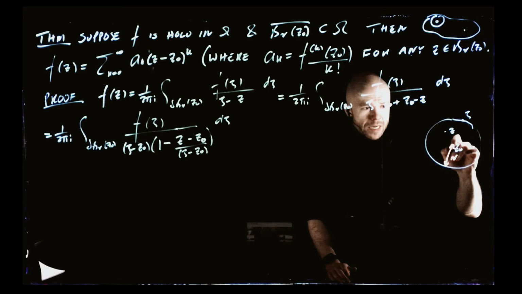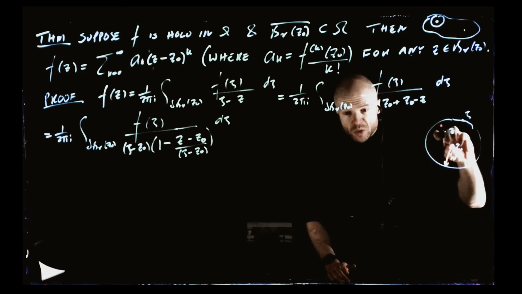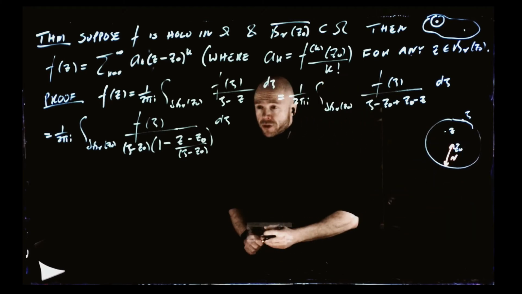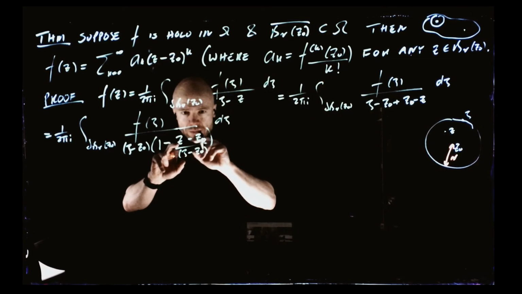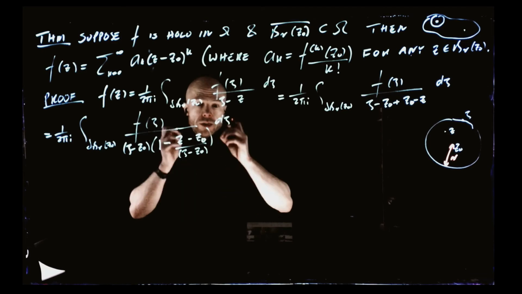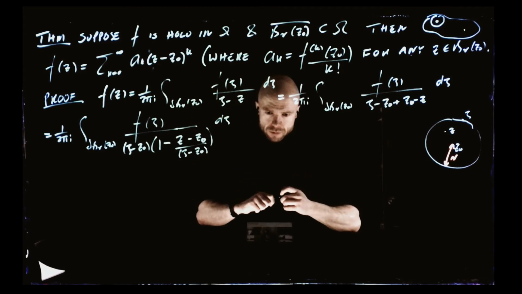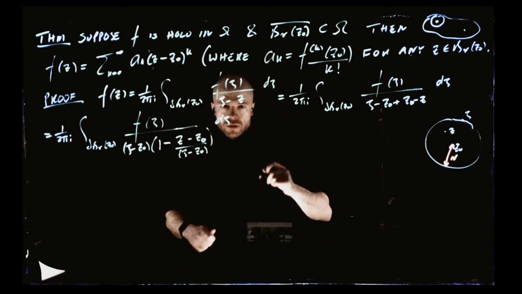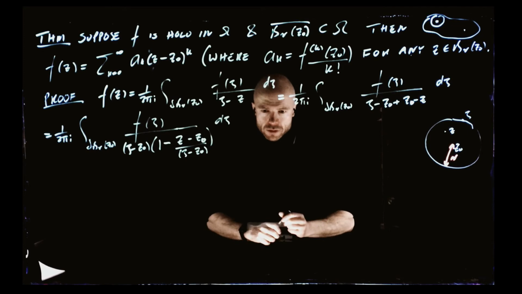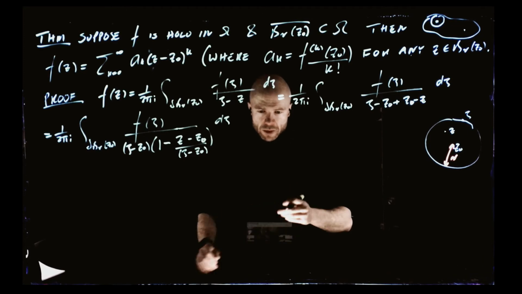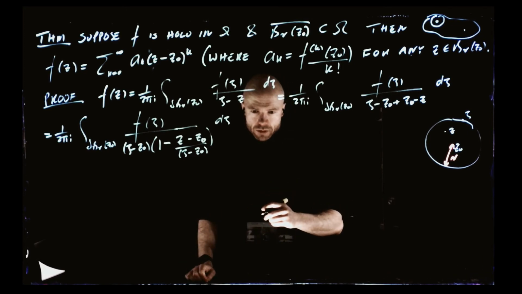The absolute value of z minus z0 is strictly smaller than that. So this complex number here, z minus z0 over zeta minus z0, is a complex number whose absolute value is less than 1. Are you all with me? Give me a thumbs up if that makes sense to you.